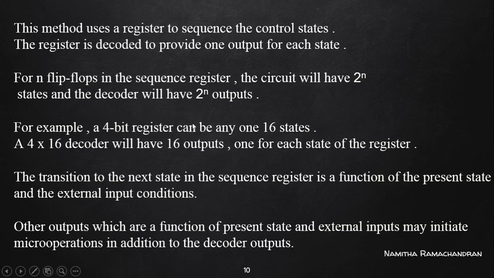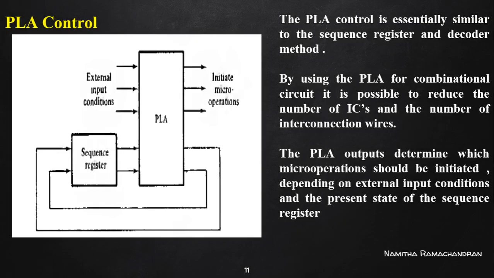Next is about the PLA based control logic design. This PLA control logic is similar to the sequence register and decoder method. Instead of our decoder and decision logic, here we have PLA circuitry only.